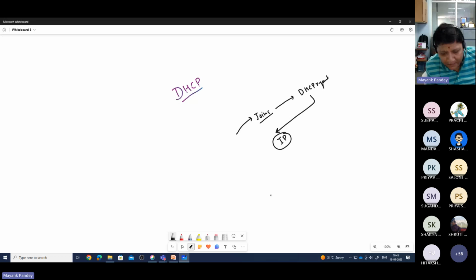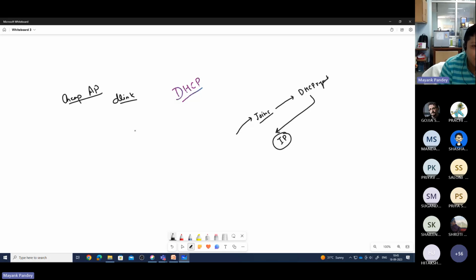Now this DHCP, where this DHCP server is running, that is interesting. If you have purchased a cheap AP access point like D-Link and whatever you purchase and hook it to your WAN side of your hostel.